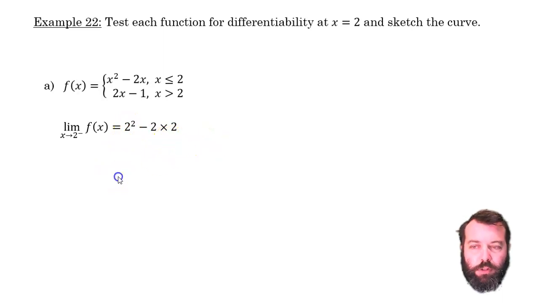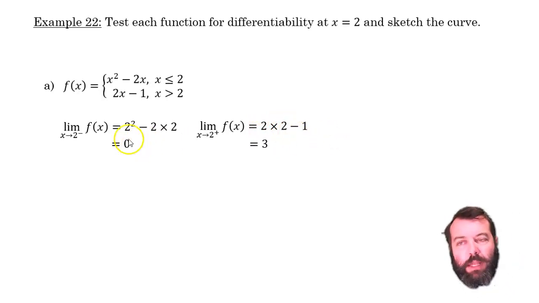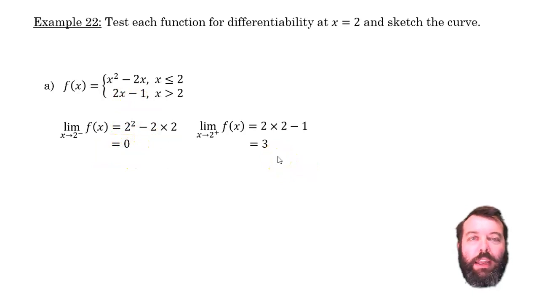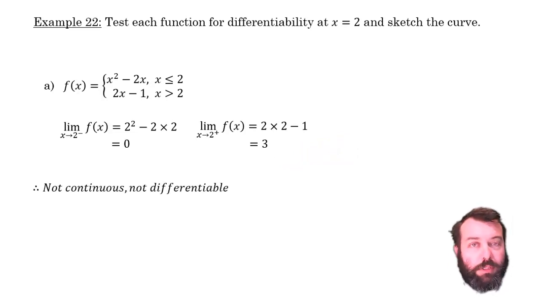So 2 squared minus 2 times 2 is 0, that's fine. And what happens if I approach from above? If x is greater than 2, I use this rule, 2x minus 1. So that's 2 times 2 minus 1, which is 3. So it's not continuous. Somehow this function manages to go from 0 to 3 in an infinitely small space. So, for that reason, it's not continuous and therefore not differentiable.